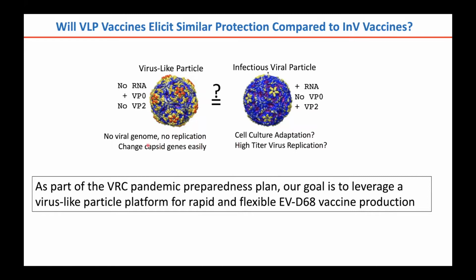And you can easily swap out these capsid genes. So in the case of a new virus that may appear in the population, you can have a vaccine that's matched to that virus. This all feeds into our Vaccine Research Center pandemic preparedness plan. We want to leverage a virus-like particle platform so we can rapidly and flexibly respond to EV D68 outbreaks.